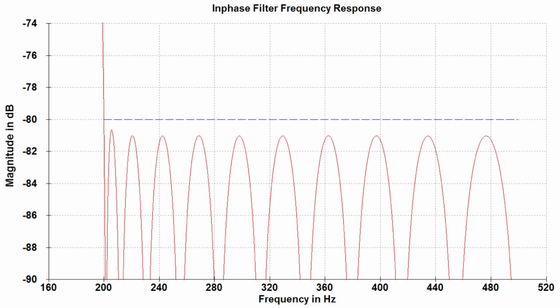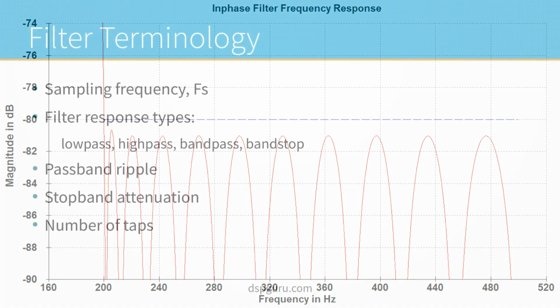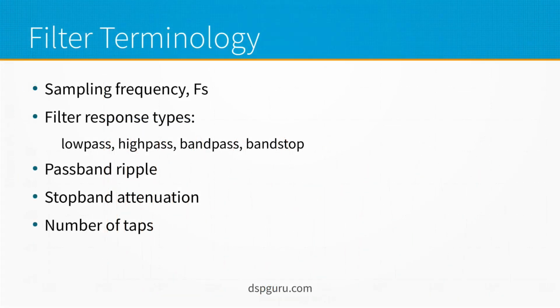That's usually specified in decibels or dB, as is the passband ripple. And essentially more attenuation is better, but also results in a more complex filter design, so there's a compromise to be made there. Number of taps is a feature of every FIR filter design.